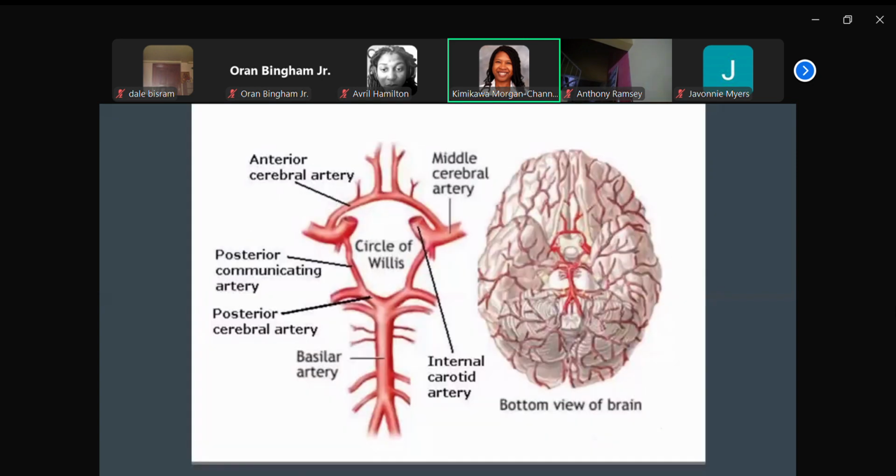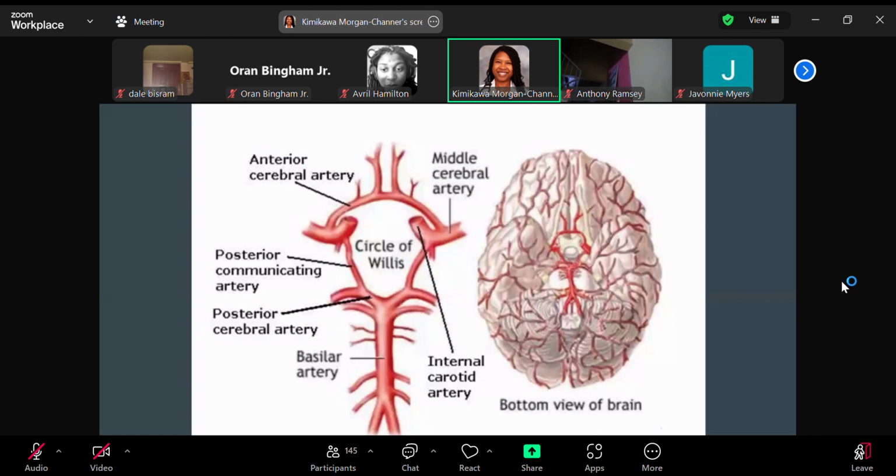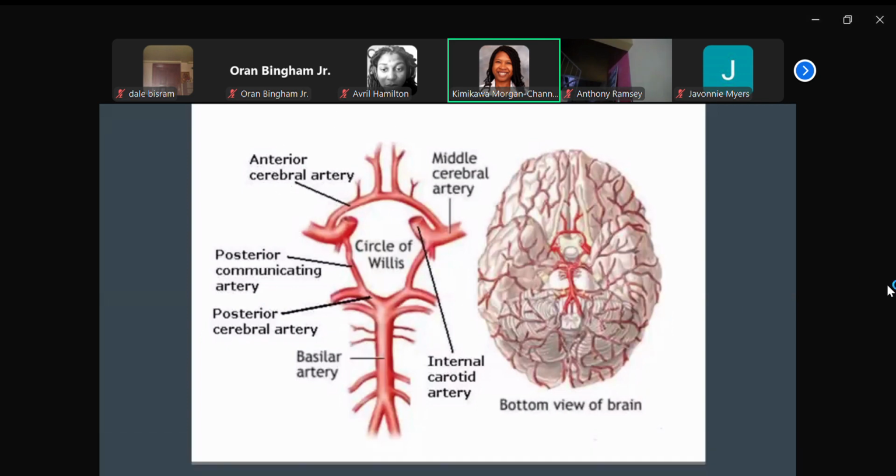When you have a stroke, you want to divide it into two main localities. Is it an anterior stroke, where the anterior division of the internal carotid divides into the middle cerebral artery or the anterior cerebral artery? This is called anterior circulation stroke.